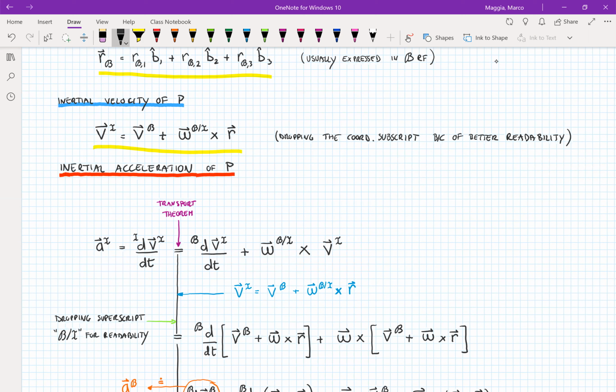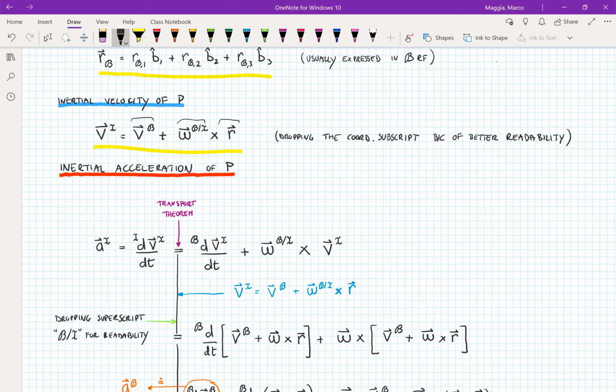But the expression is valid in general with respect to any coordinates. Usually we have the expressions of these vectors in the B coordinates. So we're going with that.